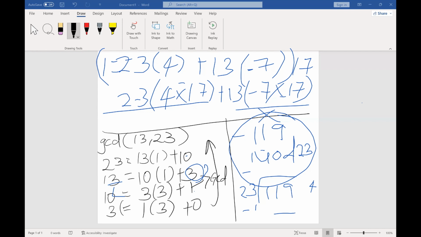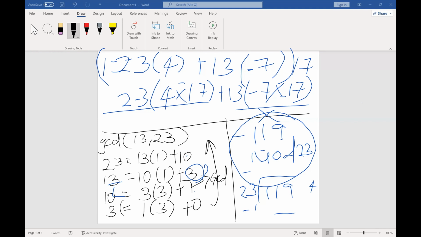That is one way. The other option that we did, we said, since this 17 is very close to 23, make it negative what? 6. 17 mod 23 is congruent to, just subtract 23 from 17.